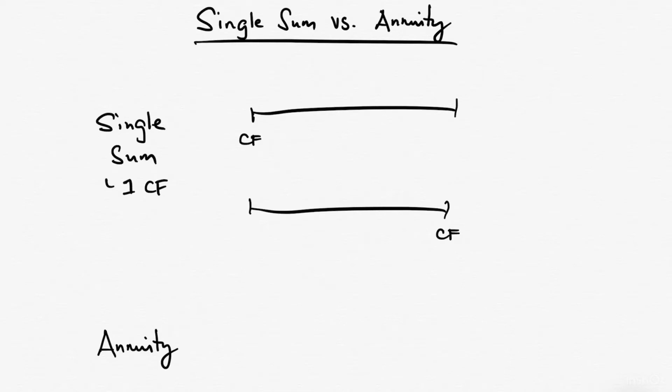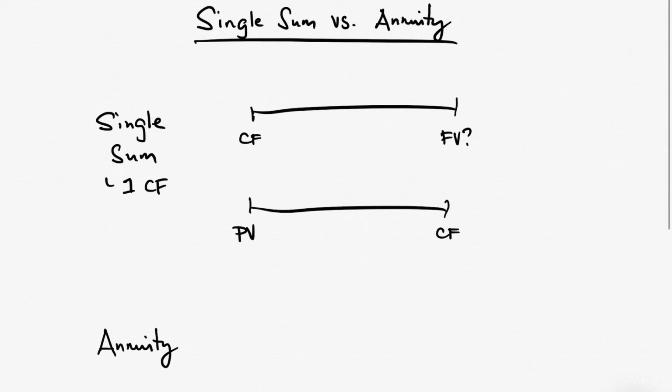If the cash flow is given at the beginning, normally you will be tasked to compute the future value because you are given the present value. And on the other hand, if the cash flow is given at the end, you may be tasked to compute the present value because you have already the future value.